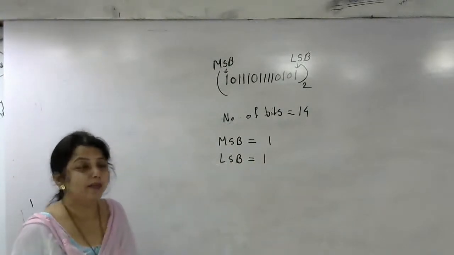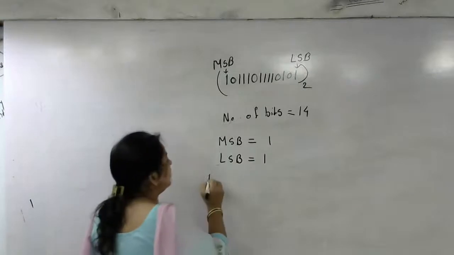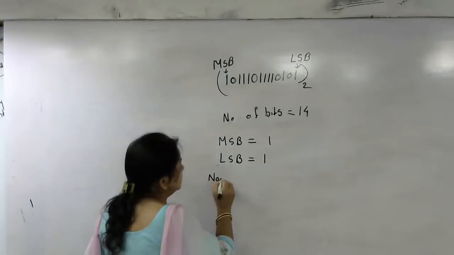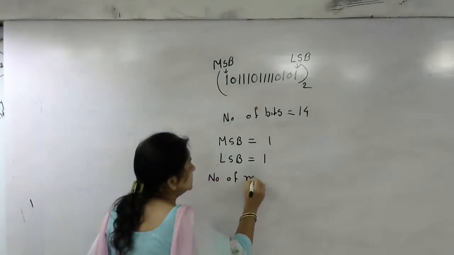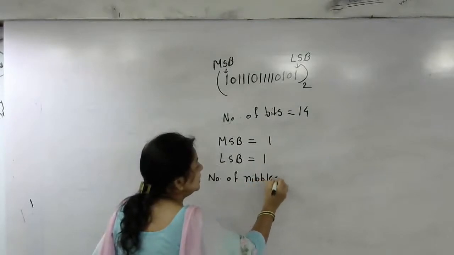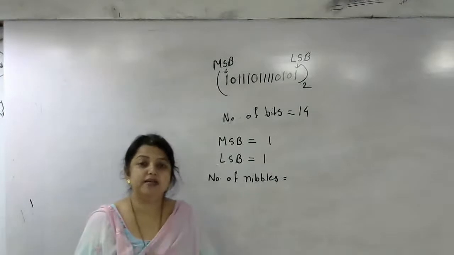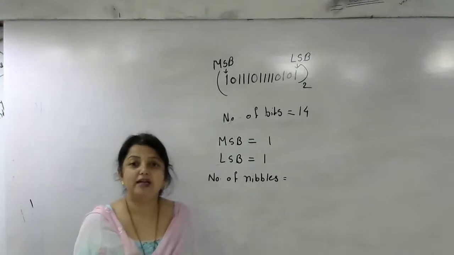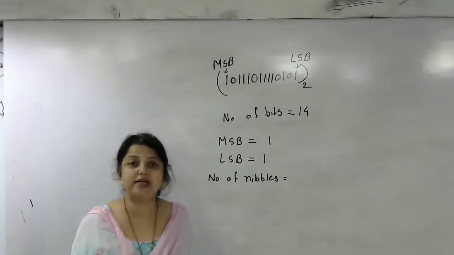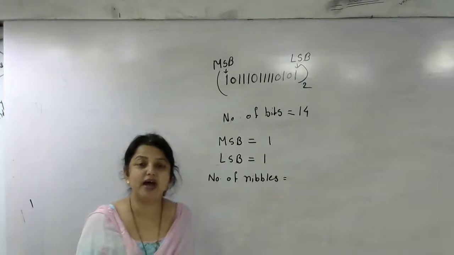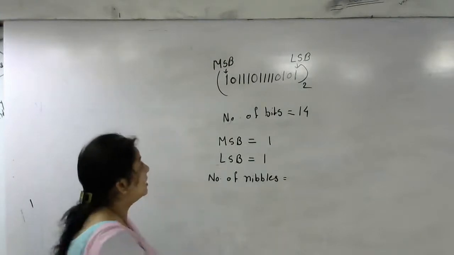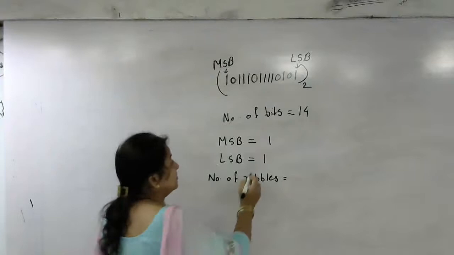Okay. Now, what about nibbles? Number of nibbles. Any combination of 4-bit number is termed as a nibble, and a group of 8 bits is termed as a byte. So nibble means group of 4 bits.